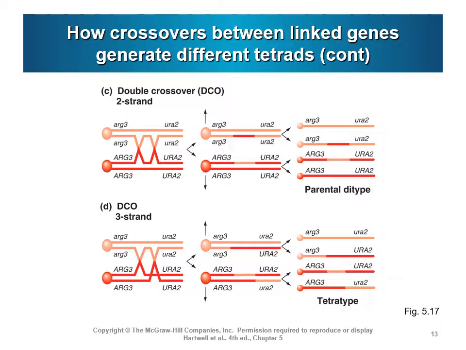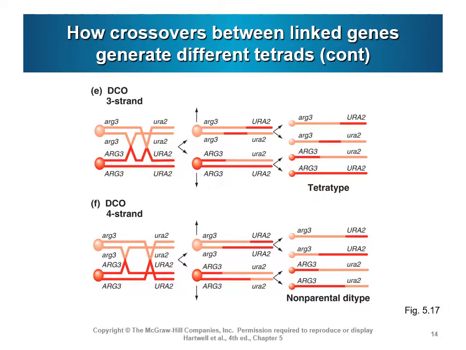And here let's look at even more complicated cases. So when we have crossovers between linked genes, more than just one crossover. So case C, when we have double crossover, and again that will result in parental ditype, and case D, when we have 3-strand crossover, then that will result in tetratype again.